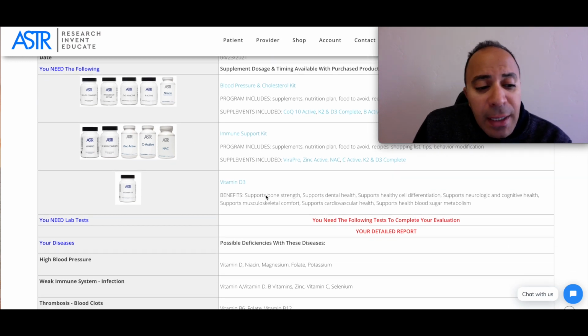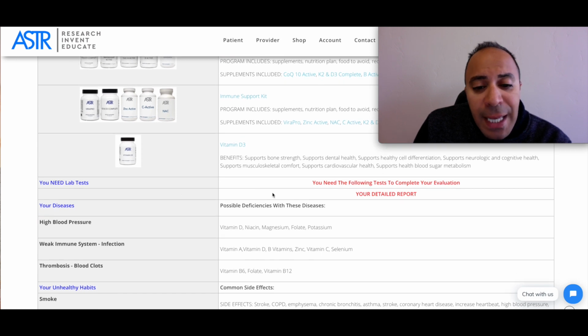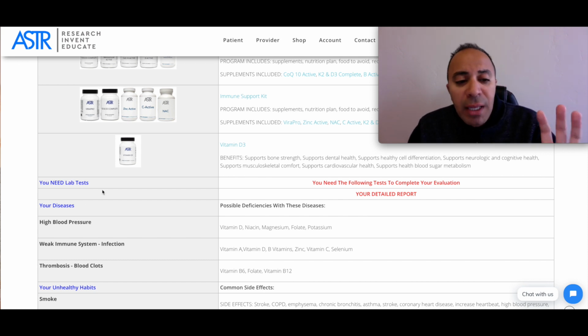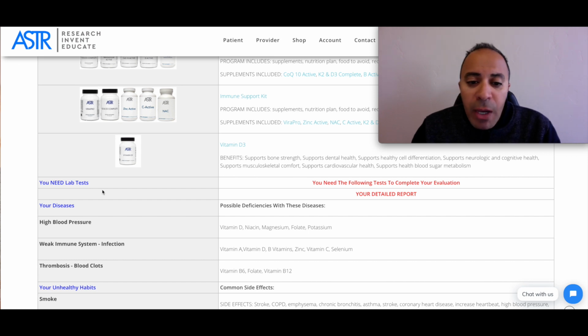Here, if there is a need for a lab, the software will tell you what kind of lab you need. Just remember, if the software shows you a lab here and you show that lab to your medical doctor, they might not be familiar with a lot of those labs, because this software includes 9 different databases of 9 different healthcare providers.